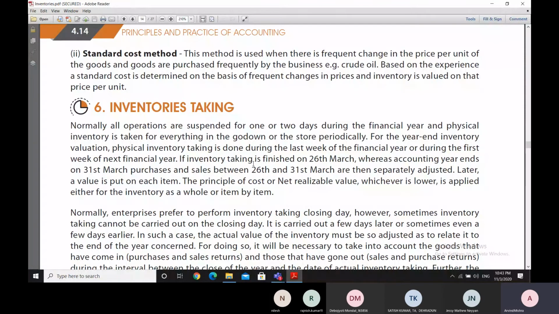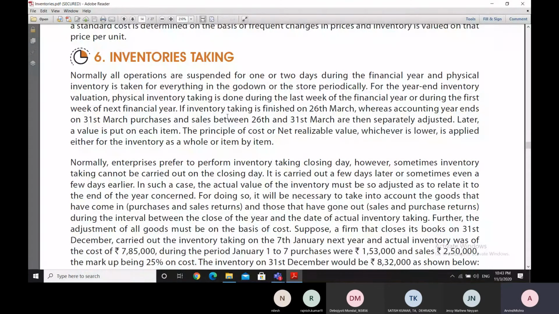So now, having completed inventory valuation, we move on to inventory taking, because how does the process of inventory taking happen? Normally all the operations are suspended for 1 or 2 days during the financial year, and the physical inventory is taken for everything in the godown or the store periodically. And when the physical inventory is taken, all the operations of the business are normally suspended.